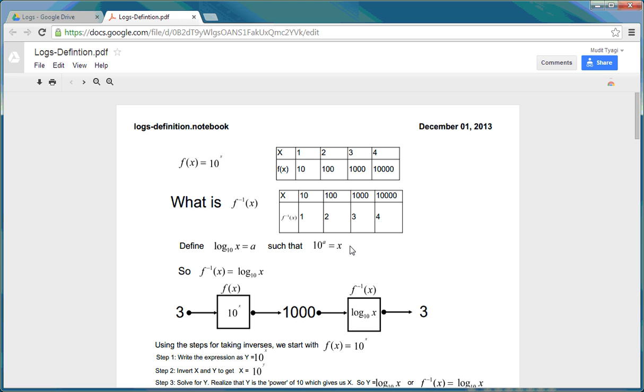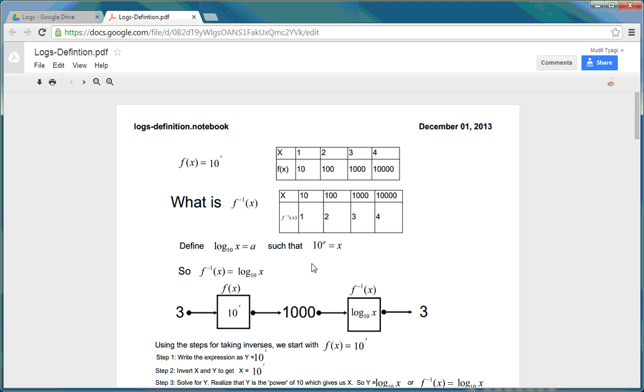Well, log of x, first of all, you can't just say what is log of x, you have to specify what the base is. So log of x to a particular base is the exponent to which the base has to be raised in order to get x. And that's just how we've defined logs here.